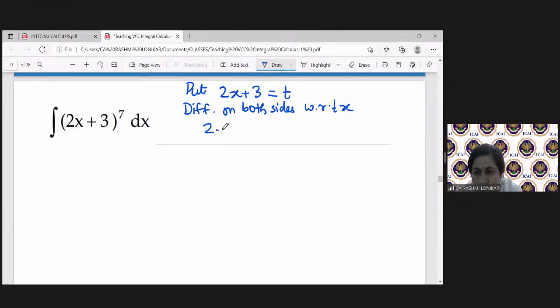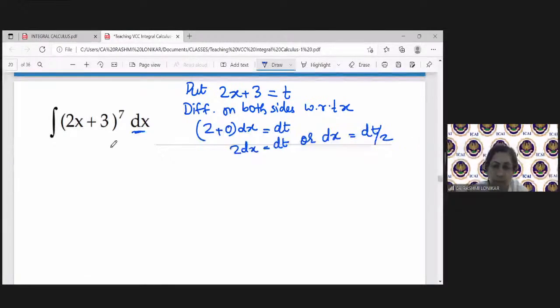And the derivative of 3 is 0. And the derivative of t with respect to x will be dt. So 2 plus 0 dx is equal to dt. So 2 dx is equal to dt, or this dx I can write as dx is equal to dt upon 2.